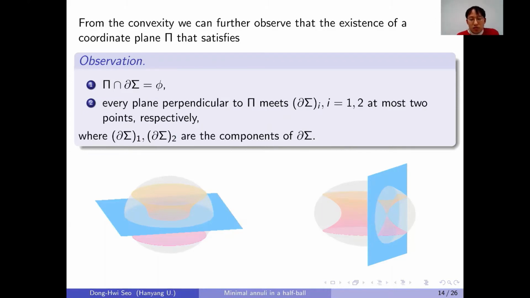So we have at most 2 intersection points with these boundary components, and at the same time we have at most 2 intersection points with these boundary components.